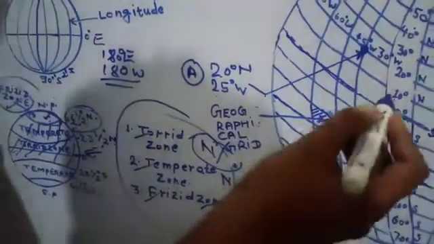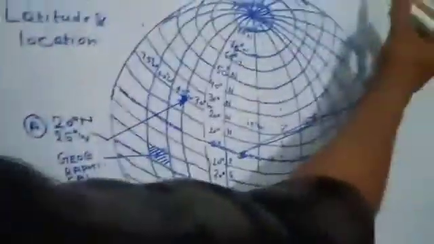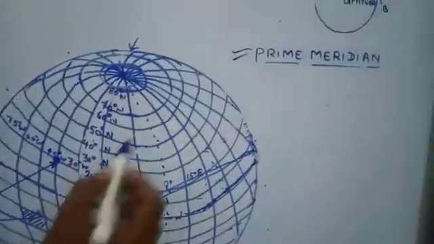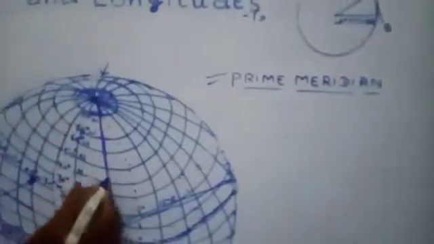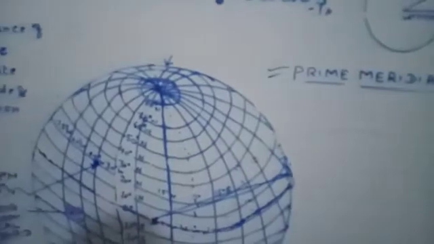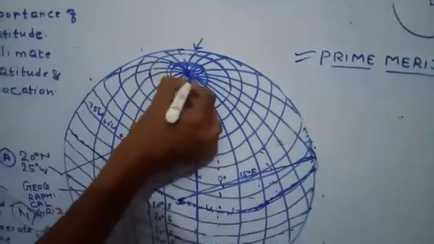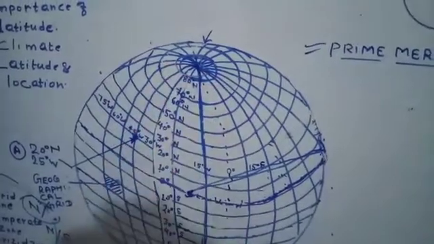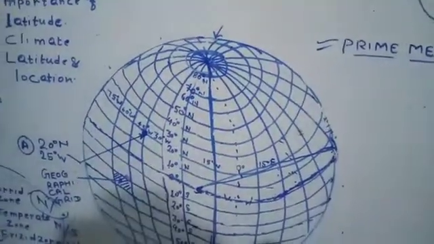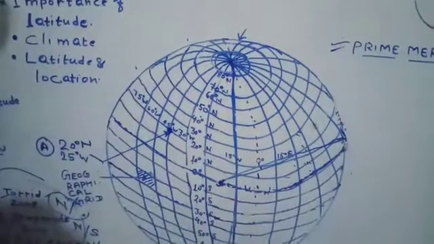Now we are moving towards the prime meridian. What is the prime meridian? The prime meridian, as I told you, starts from 0 degree longitude. The line which divides our earth surface vertically into two equal halves is called the prime meridian.